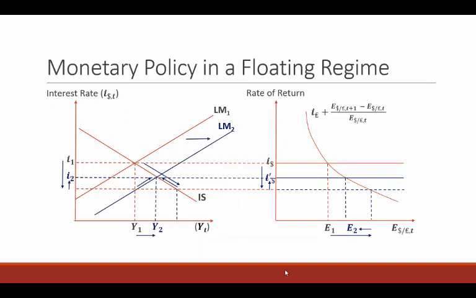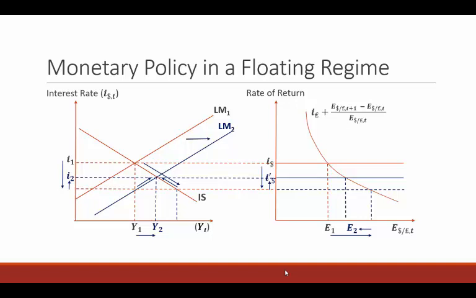Note the arrows as they convey much information in terms of understanding the sequence of events. As money supply is increased, LM shifts from LM1 to LM2. This causes interest rates to fall from I1 at the initial output level of Y1. Thus, there is movement along the IS curve as aggregate demand increases.